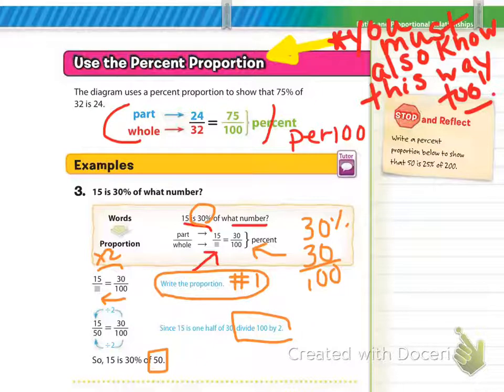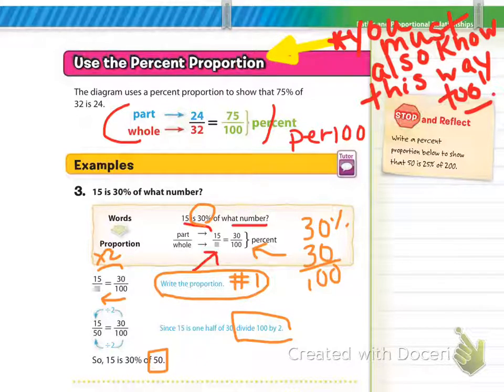In this case, I'm saying, hey, 15 times 2 would give me 30. Now I'm moving the other direction. I know 100, and I have to move back the other way, so that means I'm going to divide. 100 divided by 2 would be 50. And they show you that information there in blue, so the answer is 15 is 30% of 50.